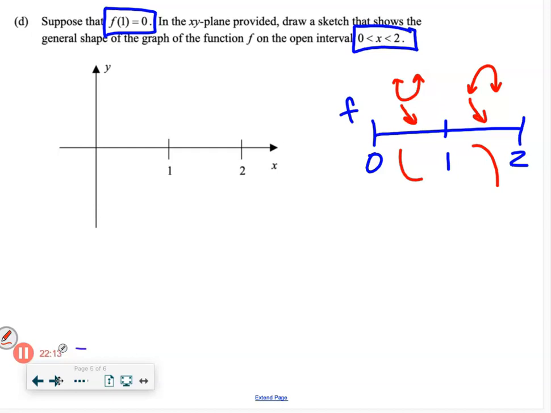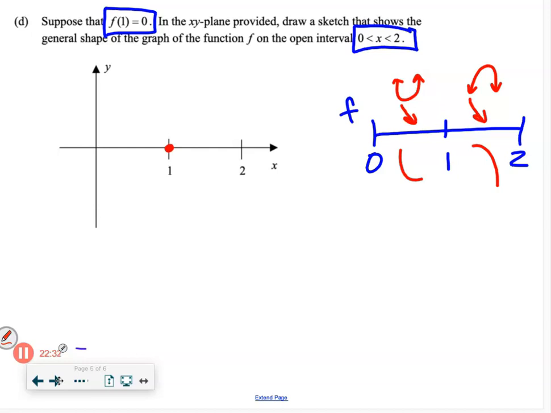All right, we are ready to graph. Suppose f of 1 equals 0. We've got that. All right. There is graph beyond 0 and beyond 2. So don't draw asymptotes because there aren't asymptotes there.